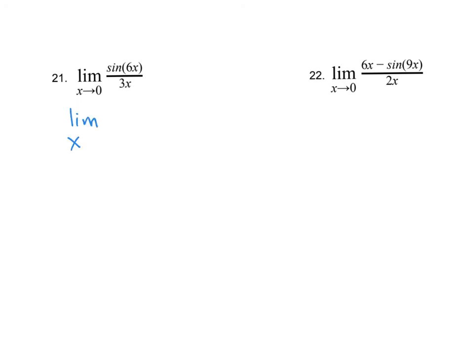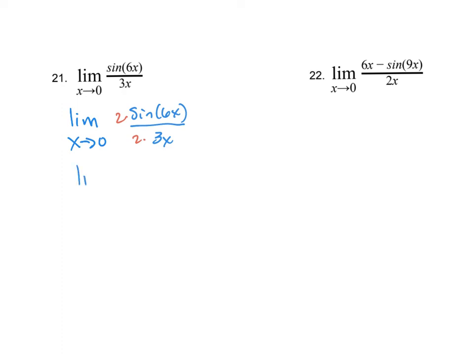We want to have the sine of the house over the house. So in this case, I have sine of 6x. I need 6x on the bottom, and right now I have 3x. So I'm going to multiply by a form of 1, which is 2 over 2, so I can force the 6x on the bottom.